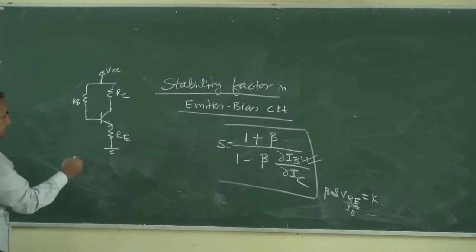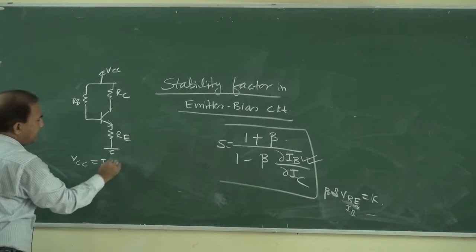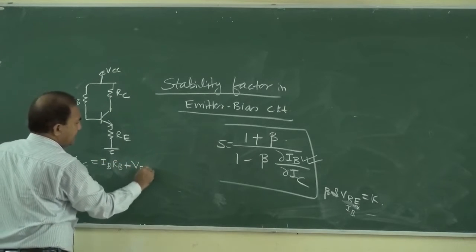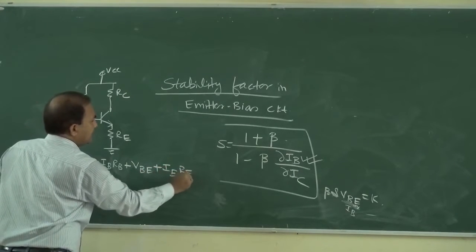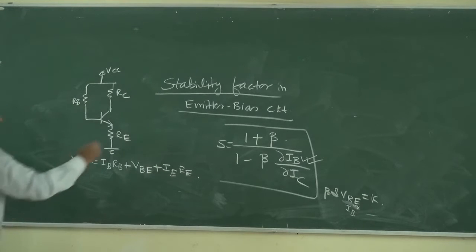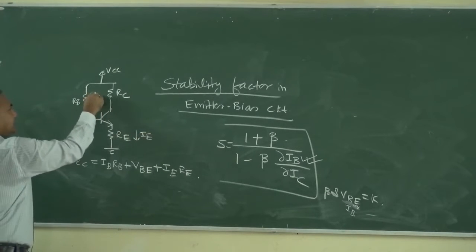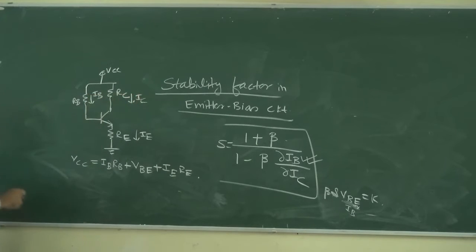Now VCC is equal to IB RB plus VBE plus IE into RE. We can write it like this. Suppose the emitter current is IE, the base current is IB and this current is IC.